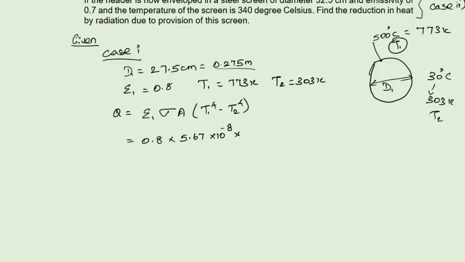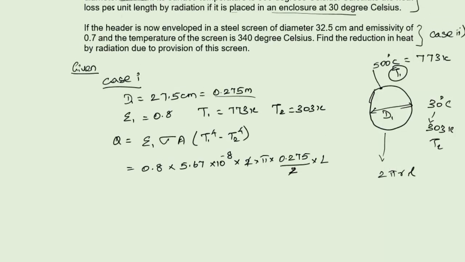From the formula itself, the area of the cylinder is 2 pi r L. So here 2 into pi into r value, which is 0.275 divided by 2. These two get cancelled, into the length of the pipe L. In the problem itself they are asking to find out per unit length, so L will be 1.